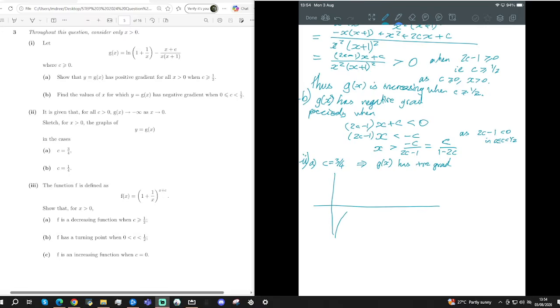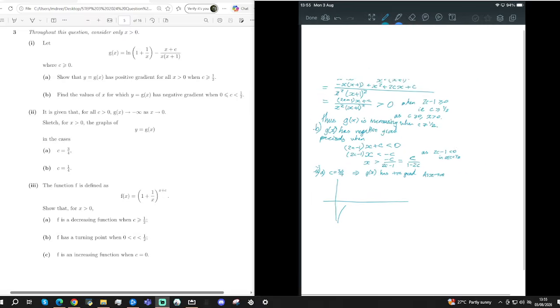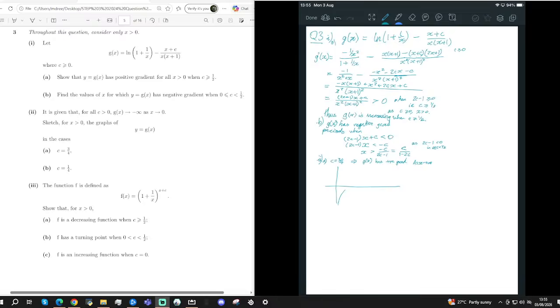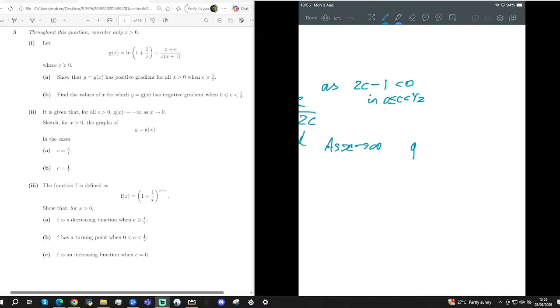It's always going to have a positive gradient. And if we do consider briefly what happens when x goes to infinity, I'm going to do that slightly further over here, g of x, well, ln of 1 plus 1 over a huge number is going to look very much like ln 1, which looks like 0.